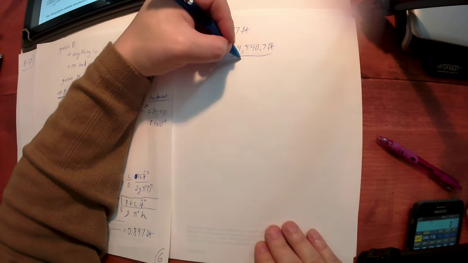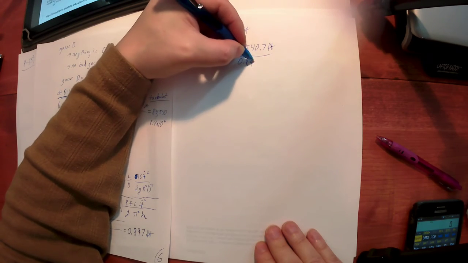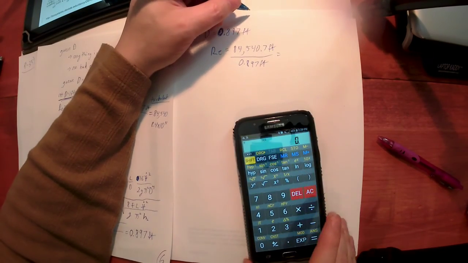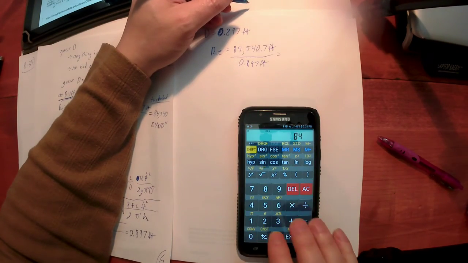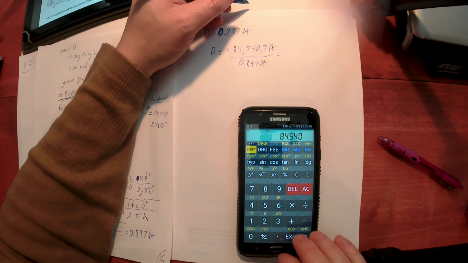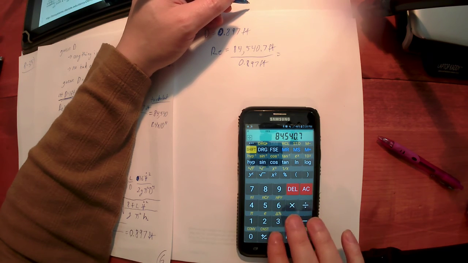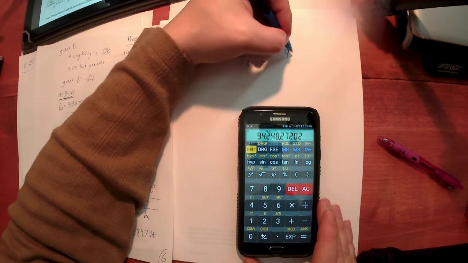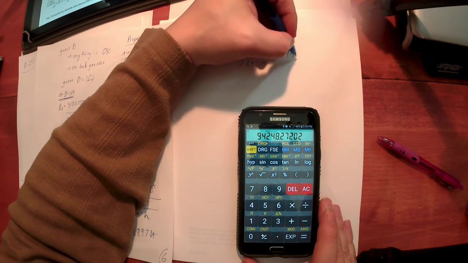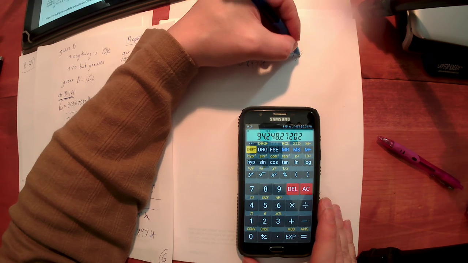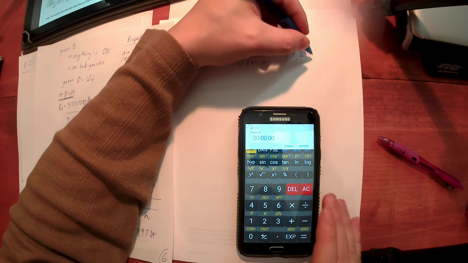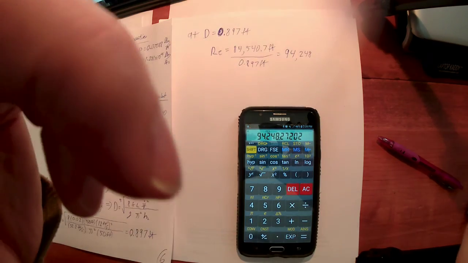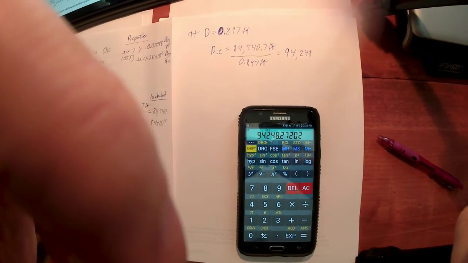Now my diameter is 0.897 feet. That'll give me a better value for my Reynolds number. So 84,540.7 divided by 0.897. So a better guess at the Reynolds number is going to be 94,248. Okay. So we'll pick up there. So I've got a better guess now for my Reynolds number.